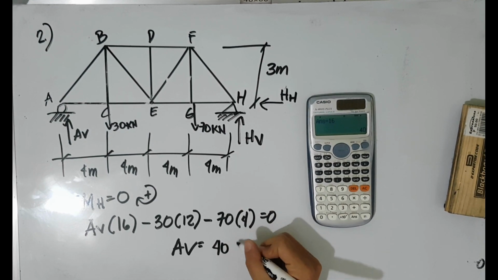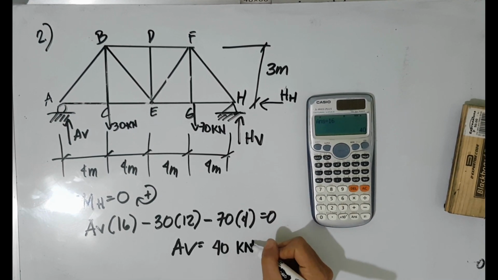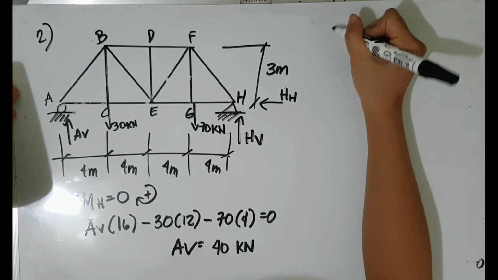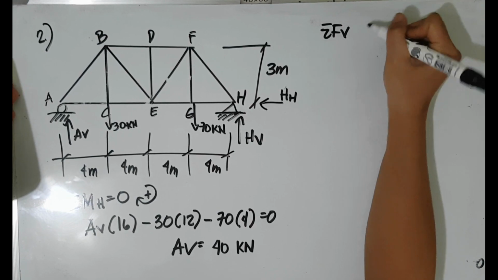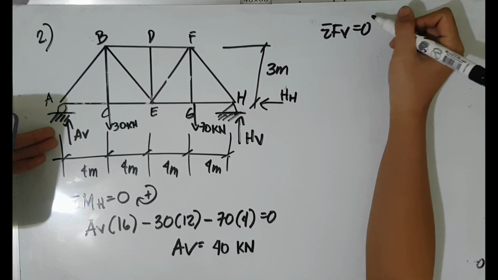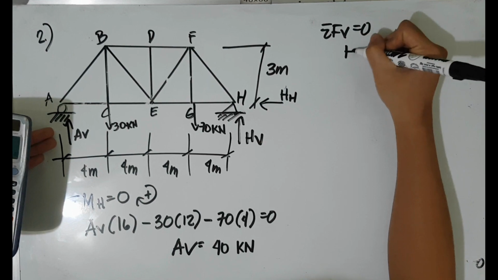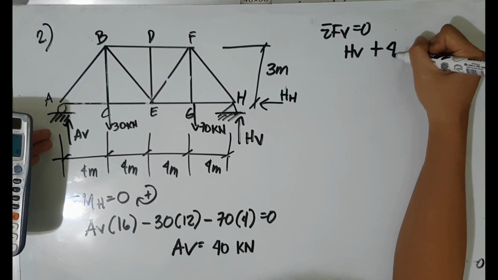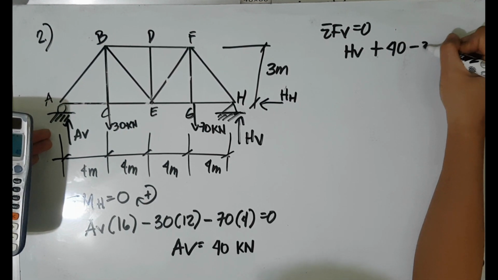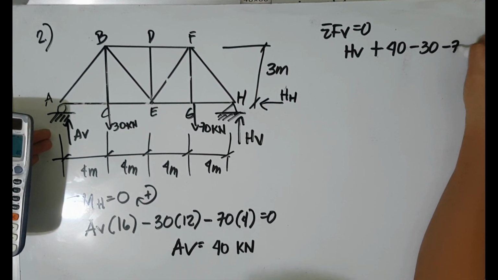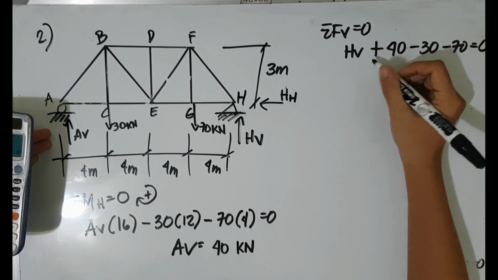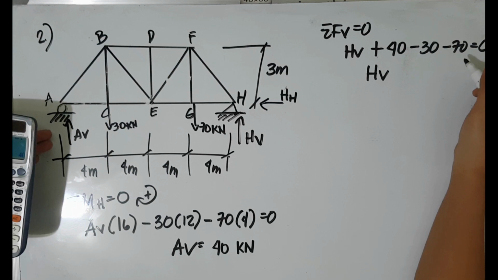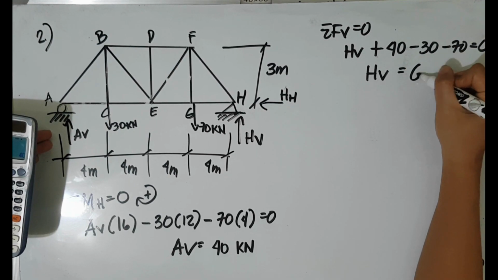And then taking the summation of vertical forces equal to 0, upward positive. So H_V plus 40 kilonewton minus 30 kilonewton minus 70 kilonewton is equal to 0. Therefore, our vertical force at support H is equal to 60 kilonewton.